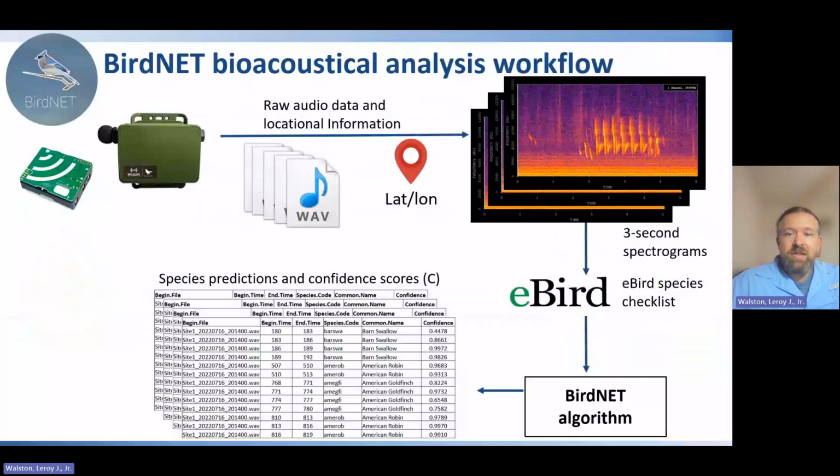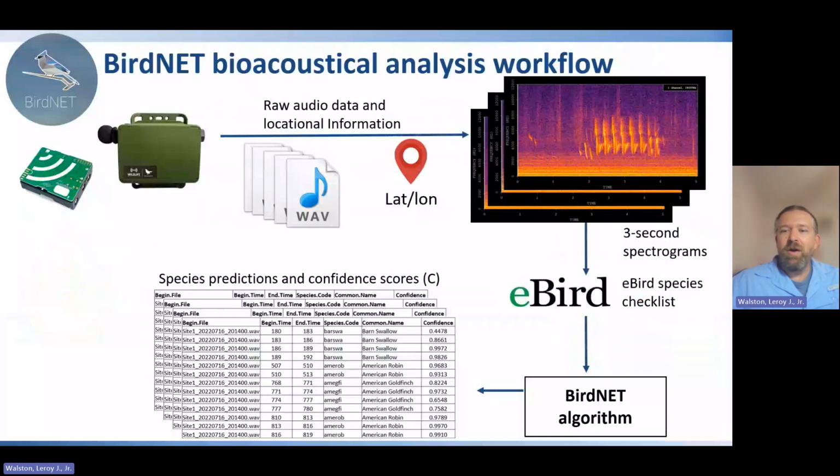BirdNet then scans the spectrograms of each recording and uses the locational information and temporal information provided by the user to create a species list from the eBird checklist. So BirdNet then uses deep learning, along with that eBird checklist, to make species predictions based on the species that are likely to be present in that location and at that time of year.